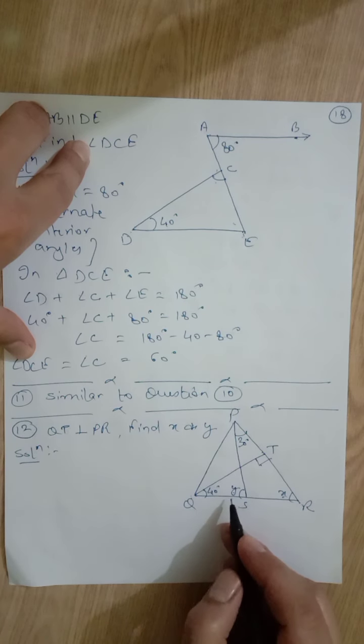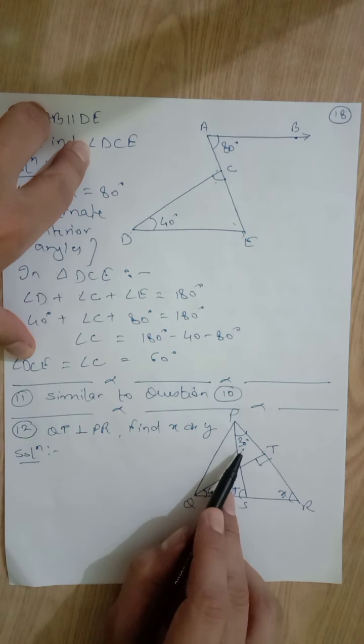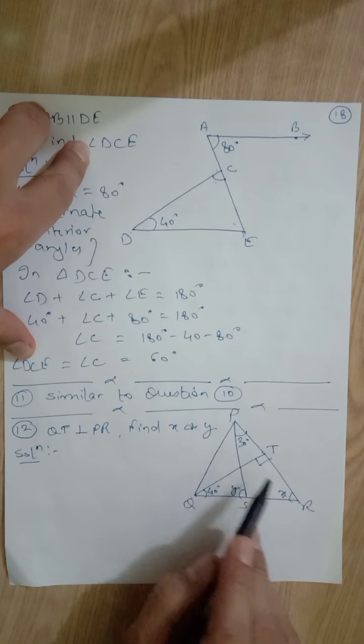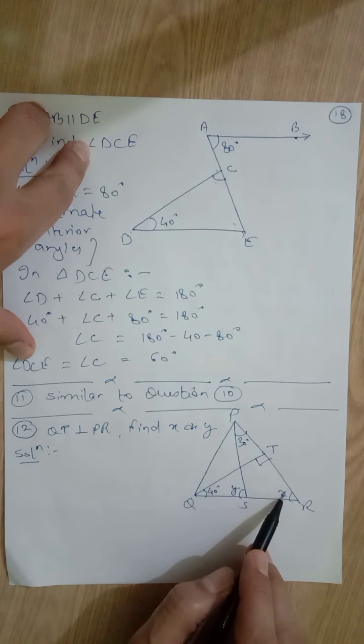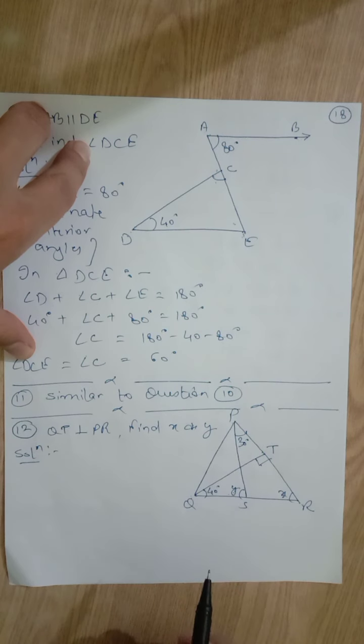By the exterior angle property, Y is equal to the sum of the two interior opposite angles, that means Y is equal to 30 plus X. So simply putting the value of X, we'll add 30 and get the value of Y.